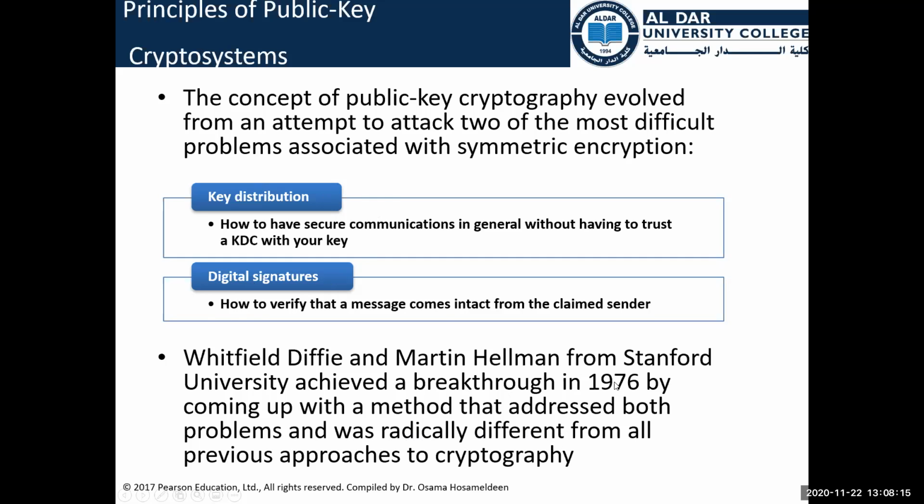Starting from this date, 1976, we have the public key crypto system. This is the first time to hear about the public key crypto system: the idea of having a key transferred between A and B without transferring the physical key.